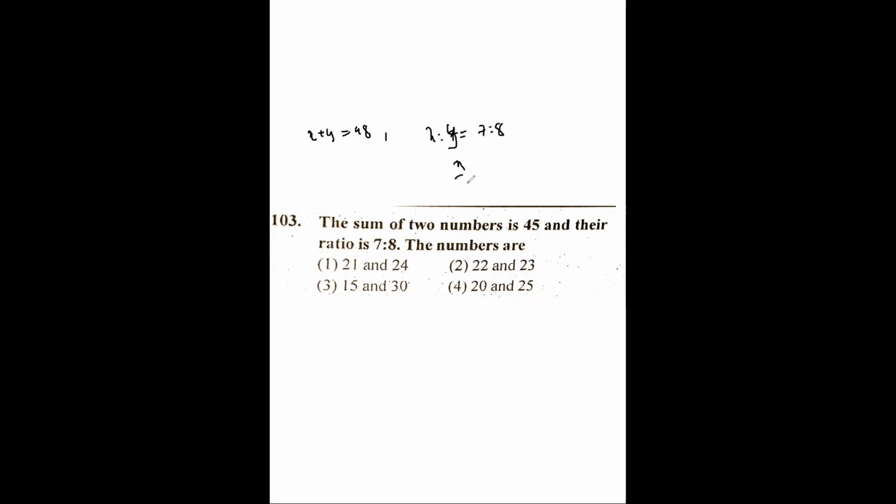So x upon y will be equal to 7 upon 8, or we get x is equal to 7 by 8 times y. We are substituting this value in the equation.